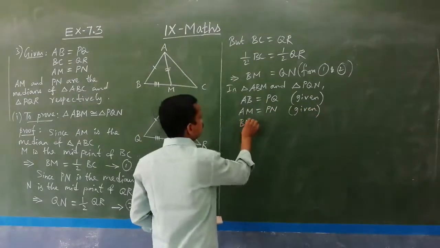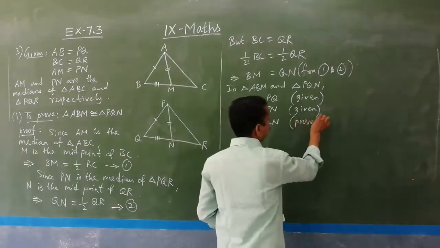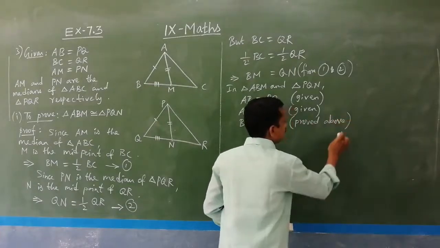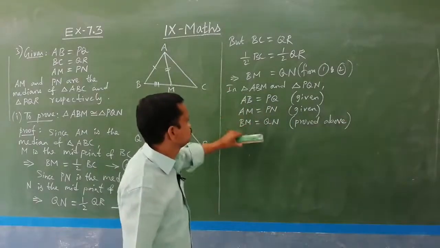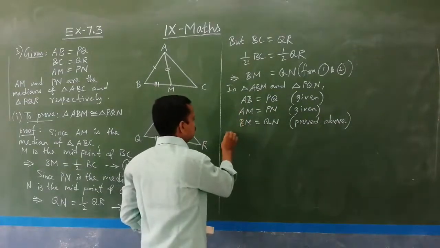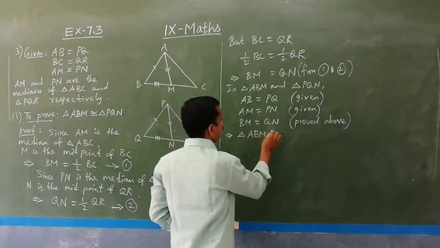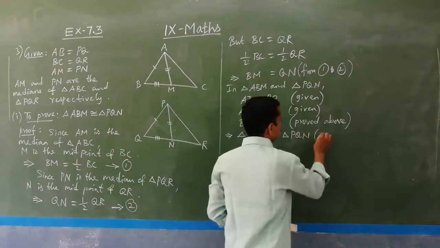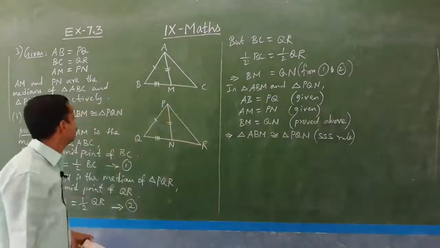And BM is equal to QN, proved above. You have to write "proved above" for BM equal to QN. And now by SSS rule, triangle ABM is congruent to triangle PQN.